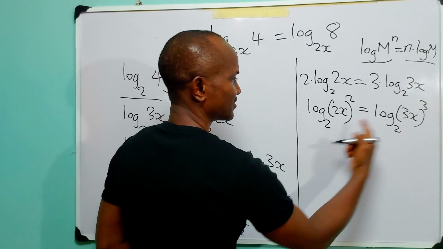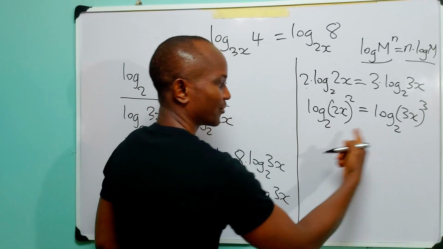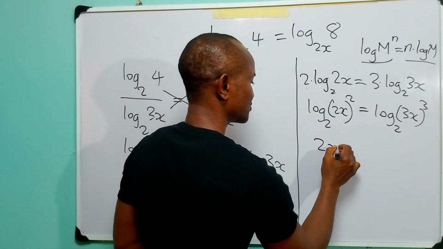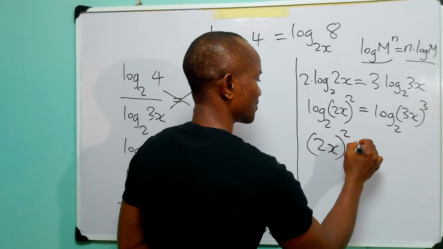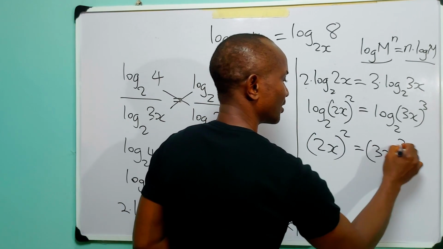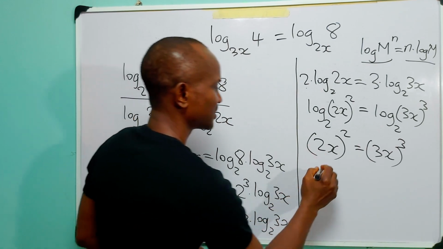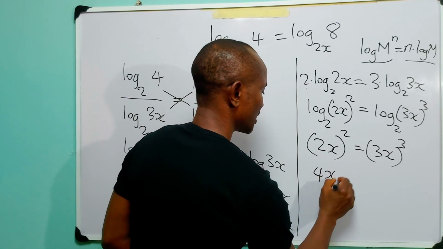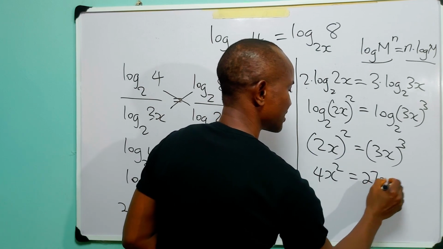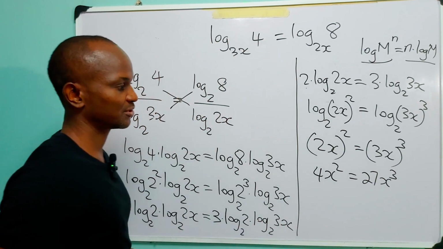Now, when we look at these two things, their logarithms are the same. So that simply means that 2x squared is equal to 3x cubed. From this, we have 4x squared is equal to 27x cubed.